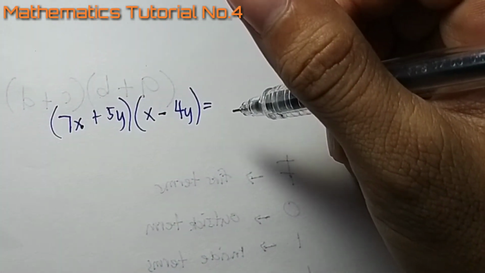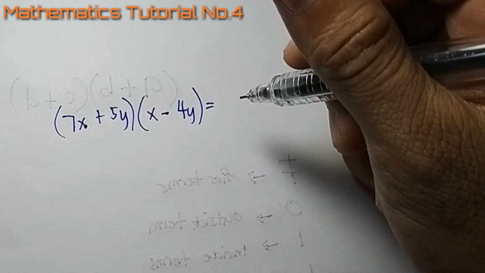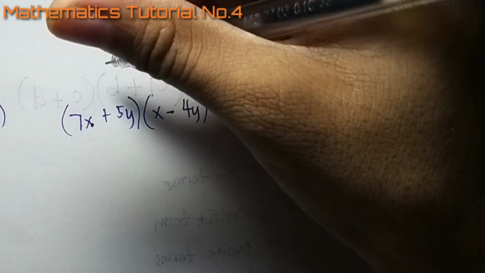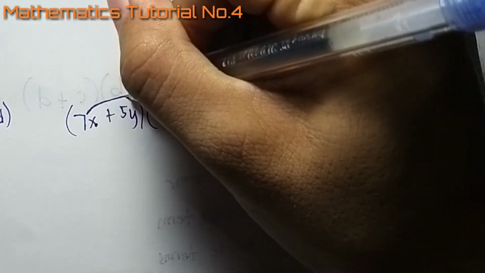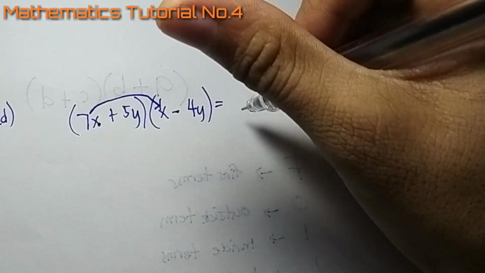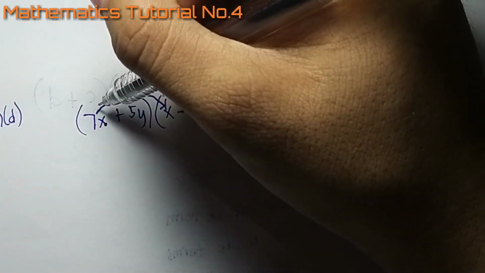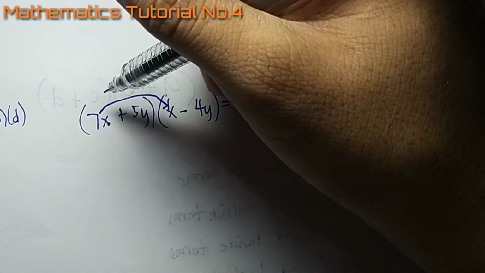So, we will start at the first terms of our binomials. Ato silang i-multiply ang first term. So, we have 7x times x. That is 7x squared. Next is the outside terms.